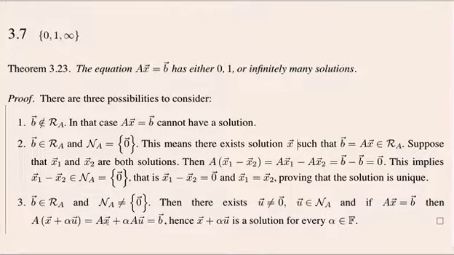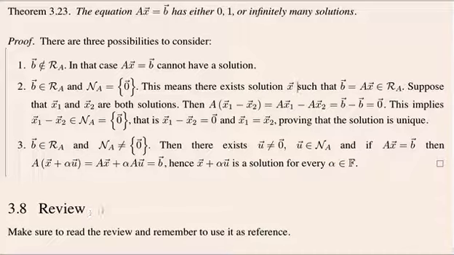Multiplying this out, we get AX plus alpha times AU, but because AU is 0, since U is in the null space, this is just AX, which is B. So comparing the last step with the first, x plus alpha U is a solution to this equation for every scalar alpha. And that means we have infinitely many solutions.